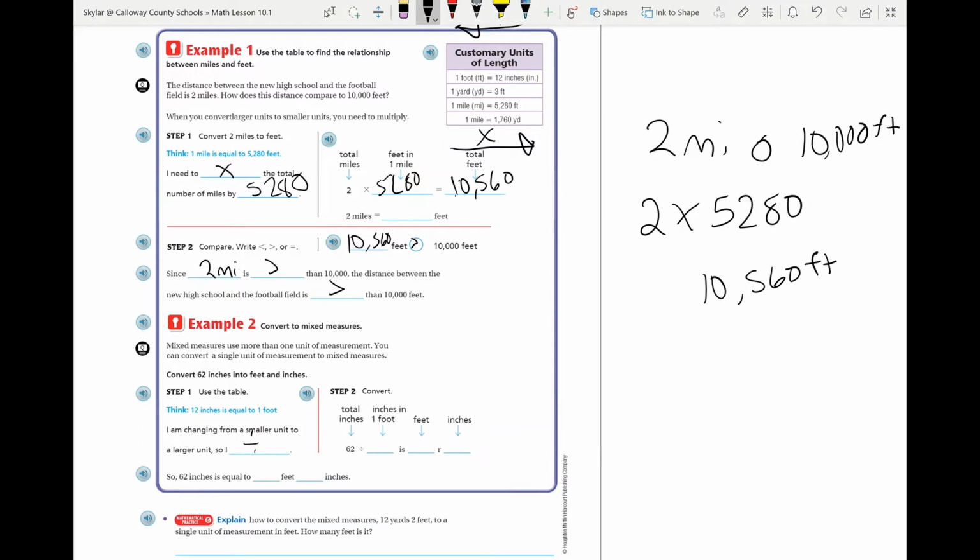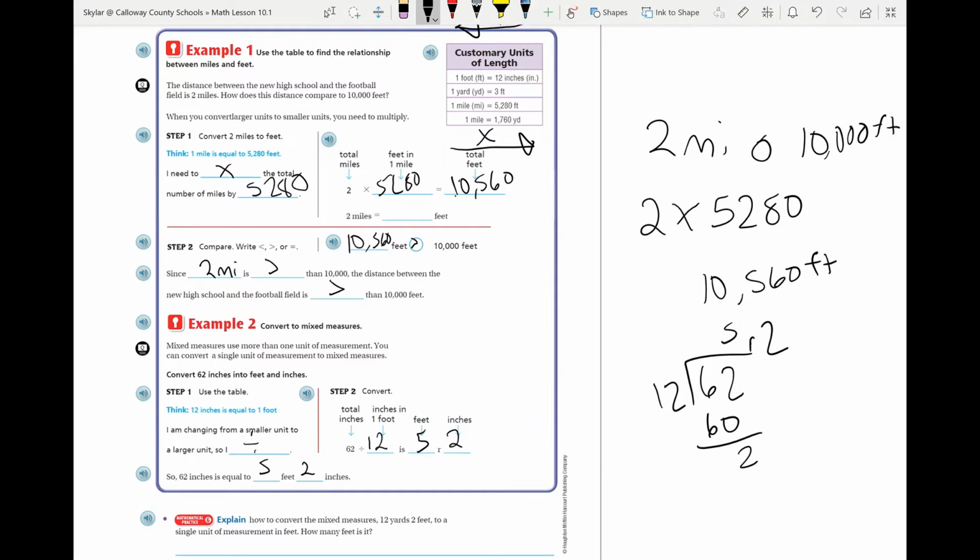Well, there are 12 inches in 1 foot, so you'll divide by 12. So 62 divided by 12 gives us a 5, which will be 60, and 2 is our remainder. So that means instead of 62 inches, you have 5 feet and 2 inches.